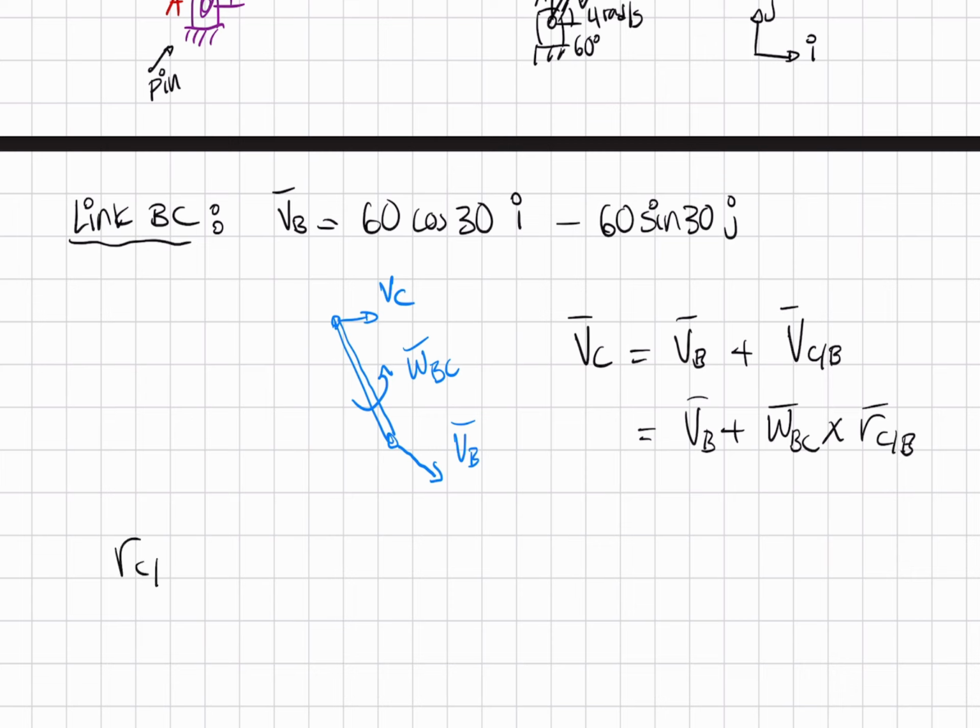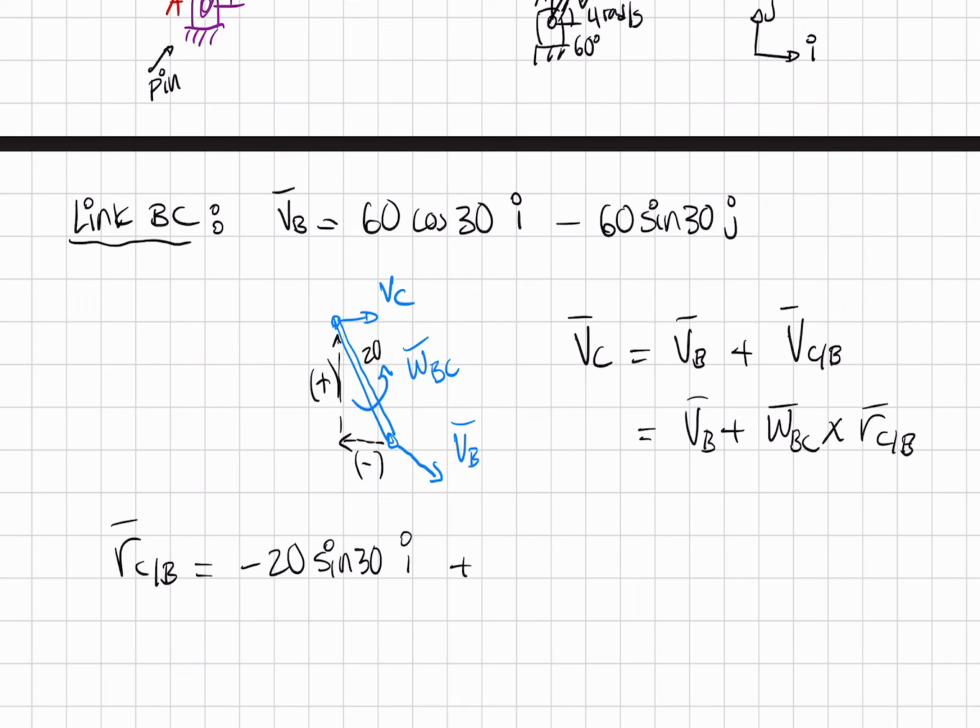RCB is the positional vector from B to C, or C relative to B. So here we are going first to the left and then we're going up. So we have a negative and then a positive. So what is it? If this arm is 20 inches, we have minus 20 sine of 30, the angle is given to us in the problem.